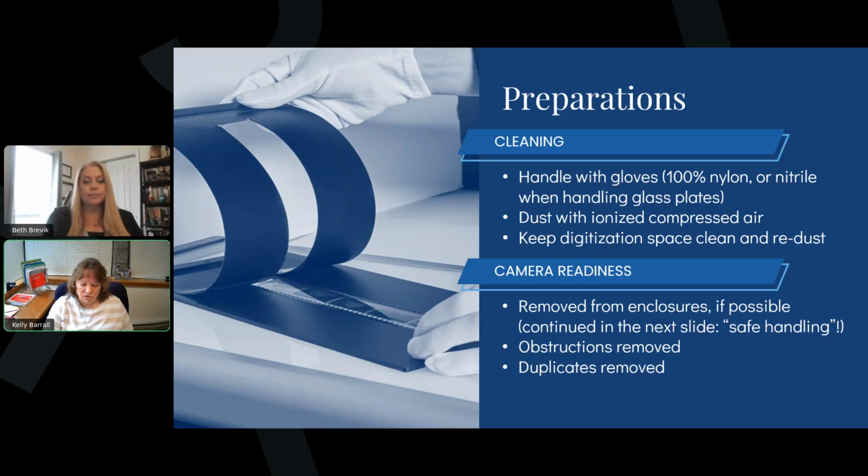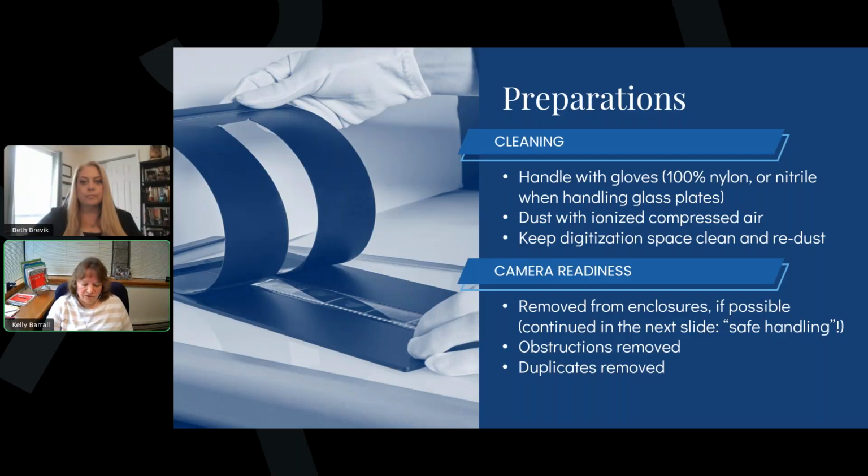Also, rather than remove dust with a brush or cloth, we always use ionized compressed air. The more you are pressing on the film or dragging on it, the more likely it is that you're going to accidentally scratch it. Before you start working, make sure that the space you're in is as dust-free as possible so that ambient particulate isn't drifting or landing on your setup.